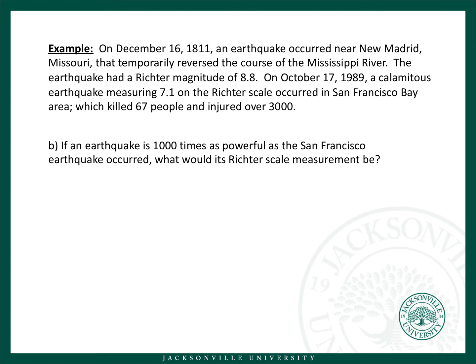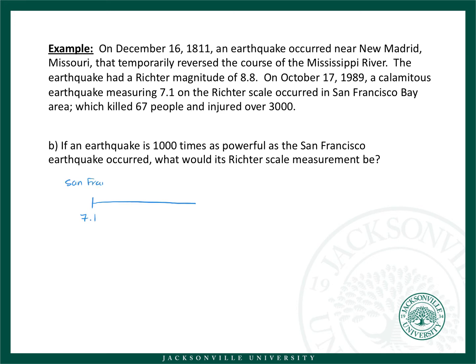If an earthquake is 1,000 times as powerful as the San Francisco earthquake, what would its Richter scale measurement be? Here we're going backwards compared to the question we looked at in part A. Again, I'll draw a number line, not drawn to scale, and put San Fran on the left.